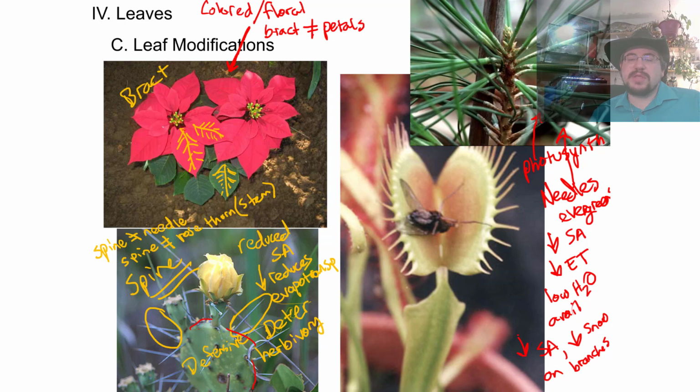So, because the soils are extremely poor in nutrients, because the soils are not all that great at supporting plant life, we have a variety of plants that have developed modified leaves for getting the nutrients they need in other ways.